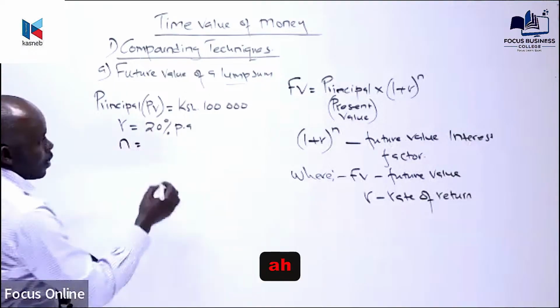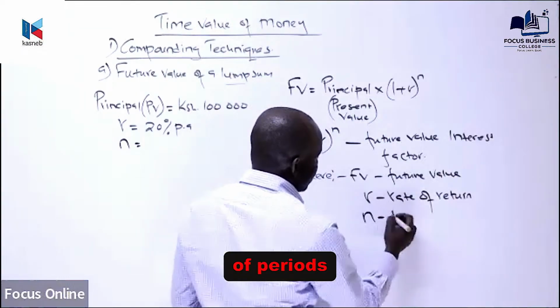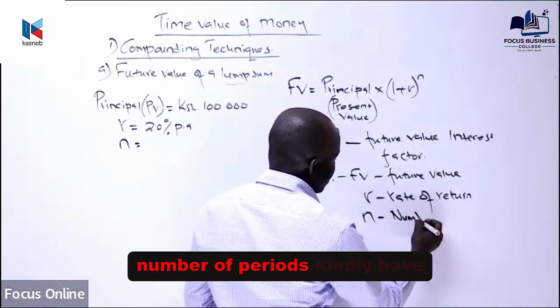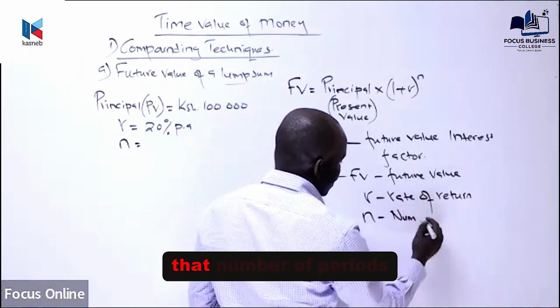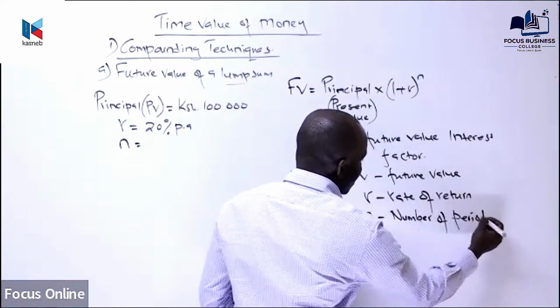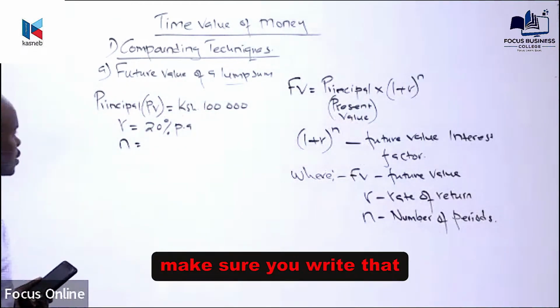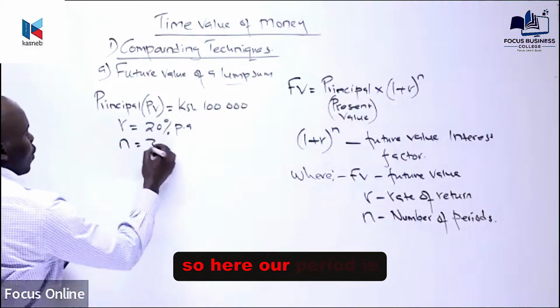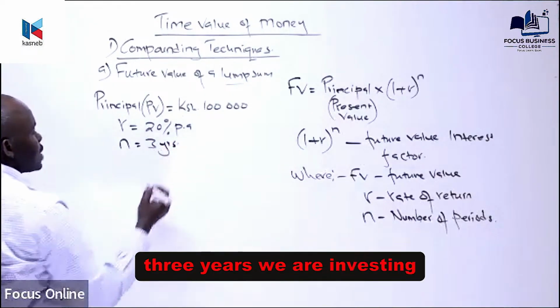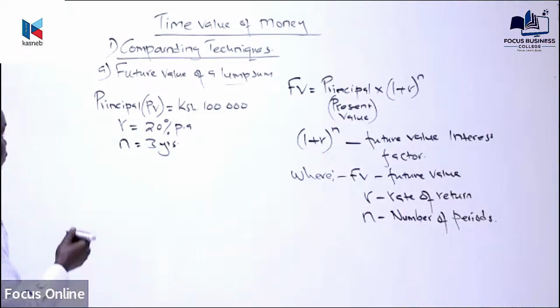N, we should have said N here. N is equal to the number of periods. Kindly have that. Make sure you write that. So here, our period is 3 years. We are investing for 3 years.